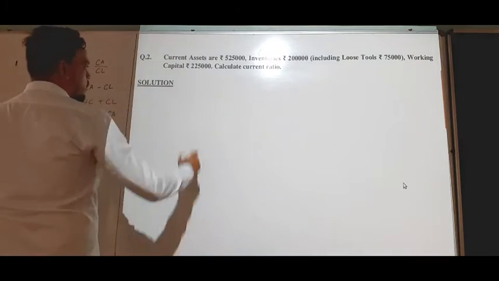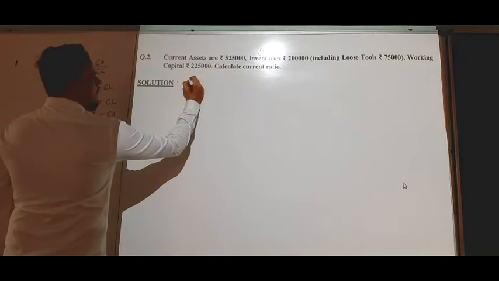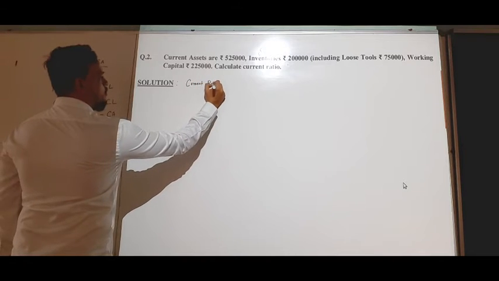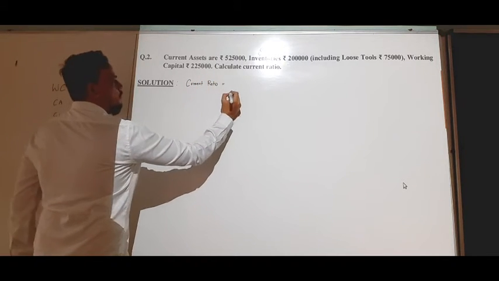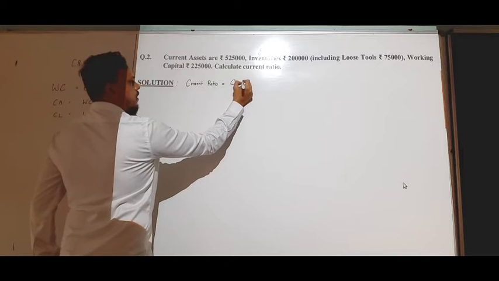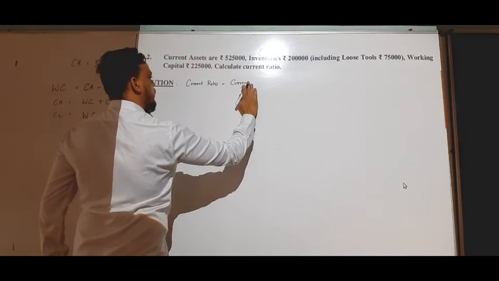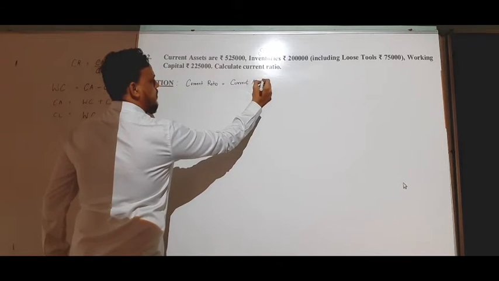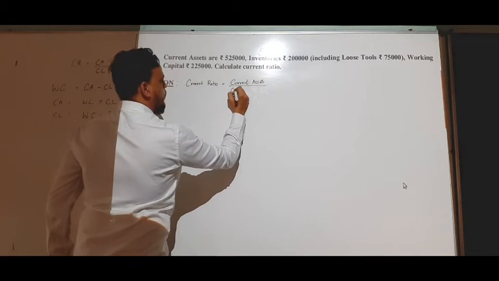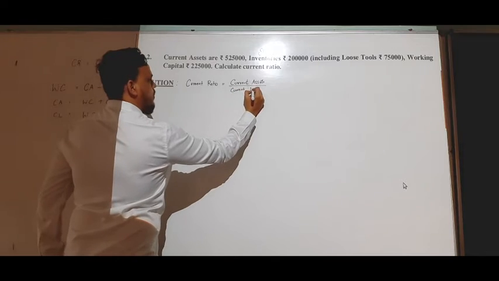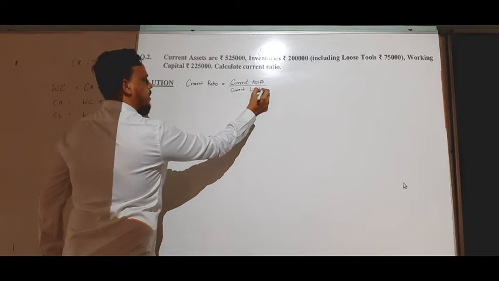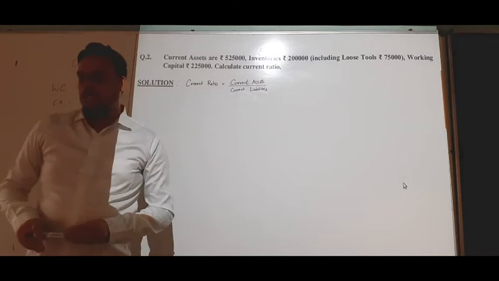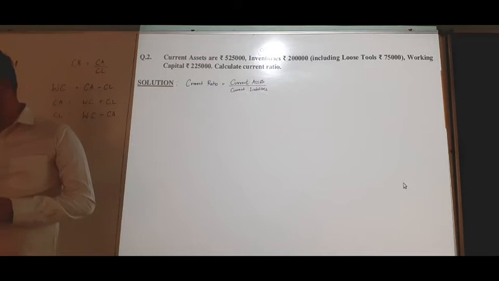So let's begin with the solution, writing current ratio is equal to current assets upon current liabilities. This much has to be done by you.